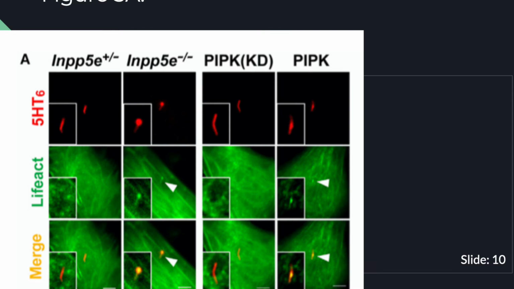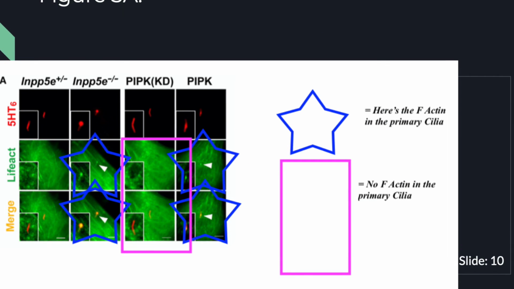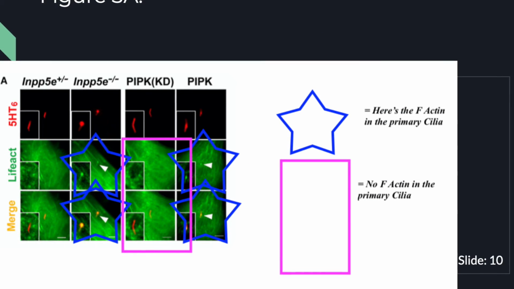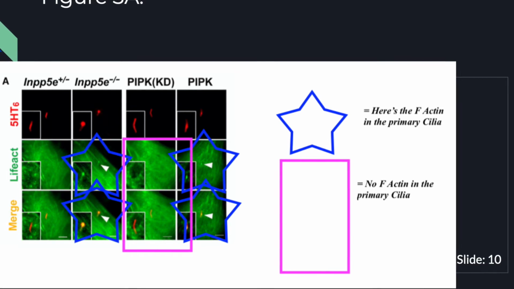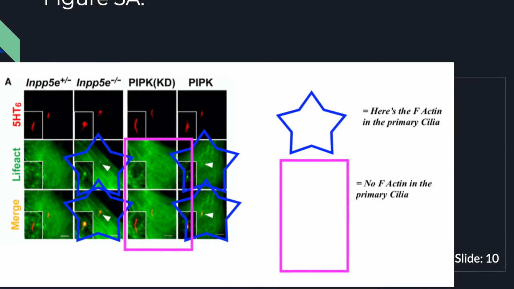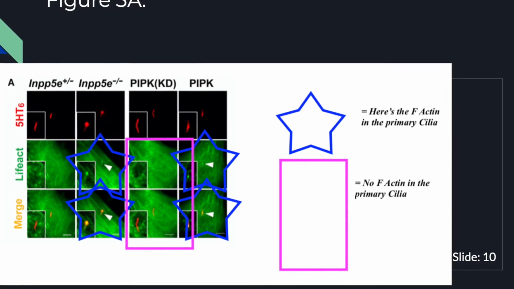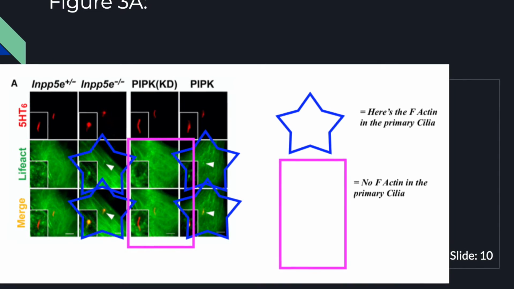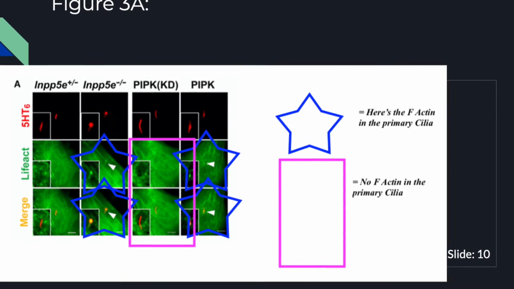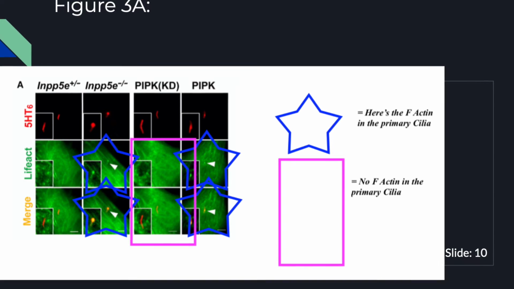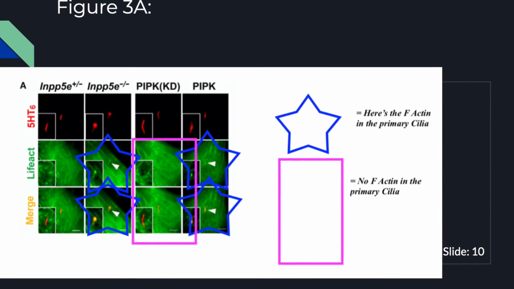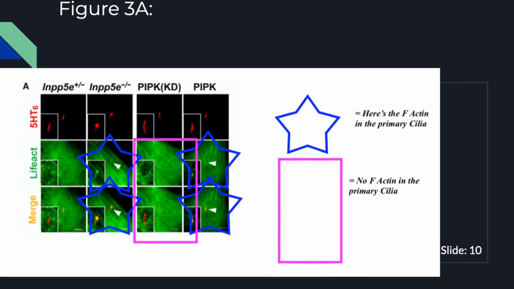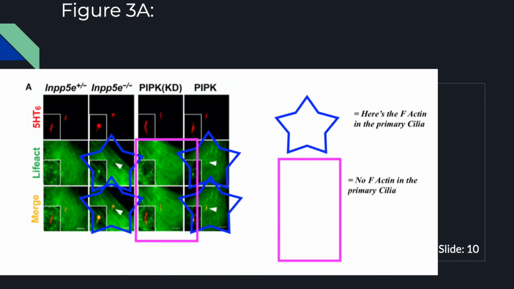Time for a diagram. Here's a diagram. As you can see by the blue stars, because originally I planned to animate all this, but then I got lazy, so I'm just adding in random shapes now to kind of show where all my stuff is. Here's where the F-actin is present in the primary cilia. F-actin is shown by the white triangles inside the blue stars.